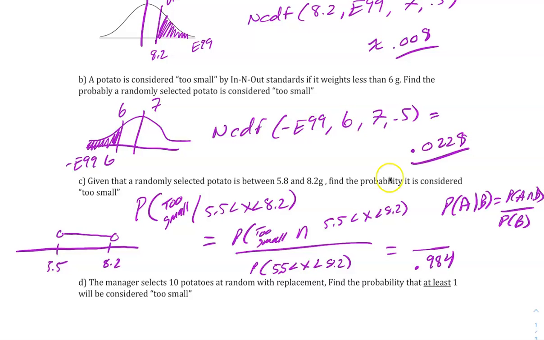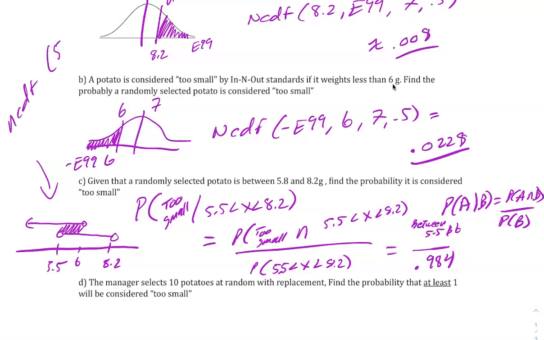And now, what's too small? Too small is less than 6. So let's say this is 6. Too small is less than 6. What's the overlap? This part right here. So the top is actually just between 5.5 and 6. So to do that, we've got to do normal CDF.